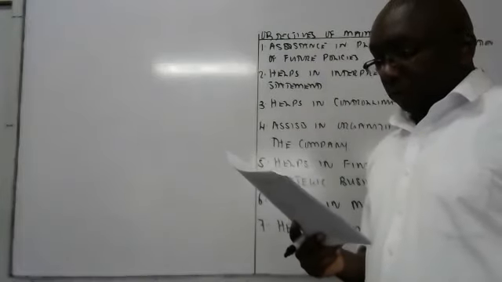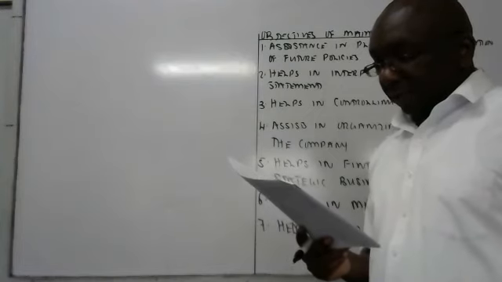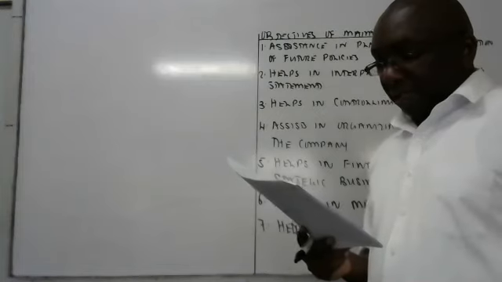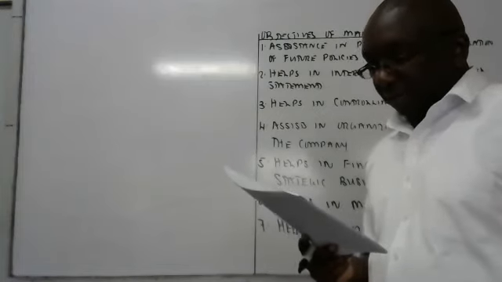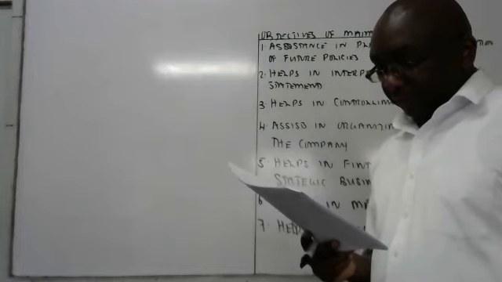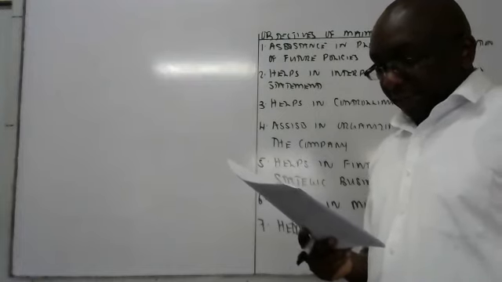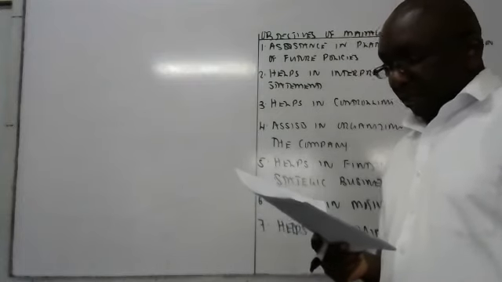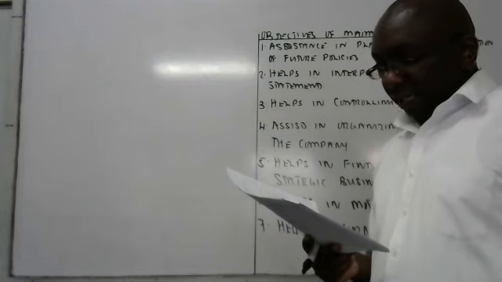Mantex Limited has two production departments, namely assembly and finishing. The company has been using a plant-wide predetermined overhead rate based on direct labor hours. The following estimates were made for the year. Mantex started and completed job 1005 during the year. The job order cost sheet indicated the following.